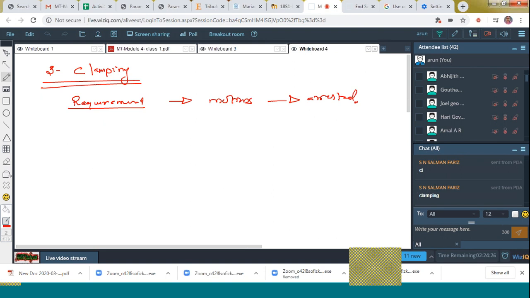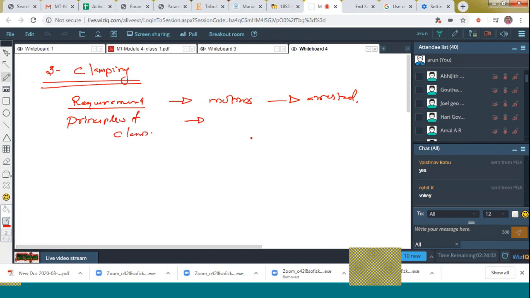Am I right? And next one, anything more? What are the requirements? Or we can say, what are the principles of clamping? Why do we go for clamping?